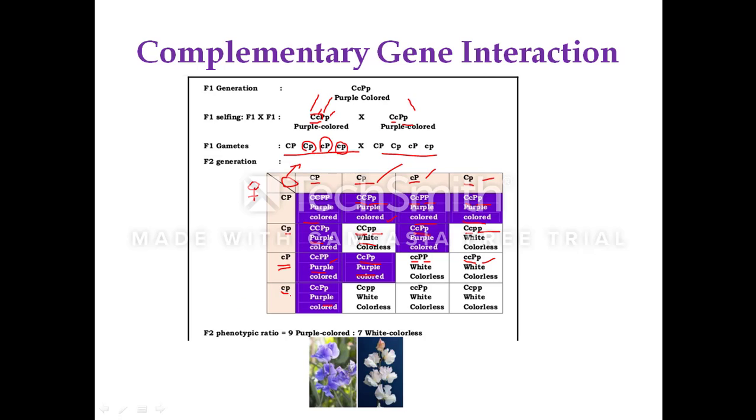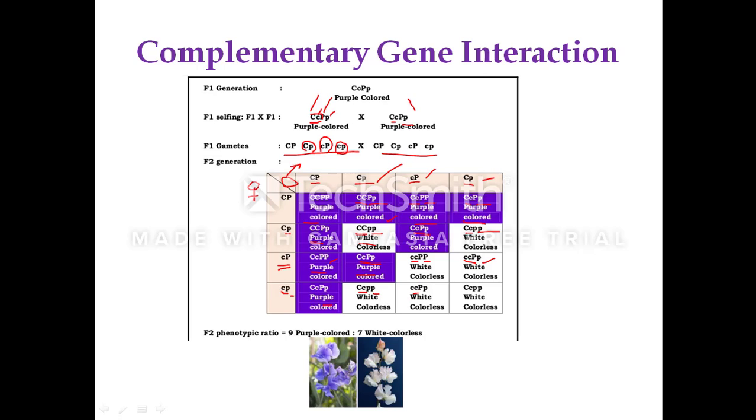When this gamete fuses with capital C and small p, it is heterozygous dominant for C and homozygous recessive for P, hence the plant flower color is white or colorless.